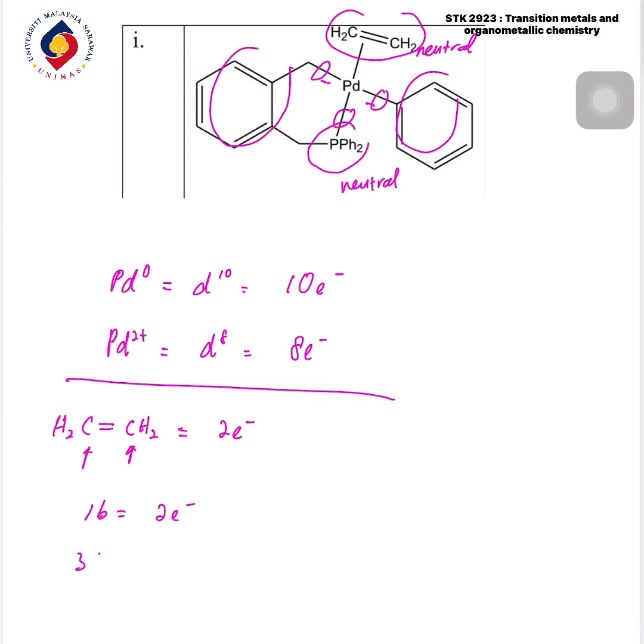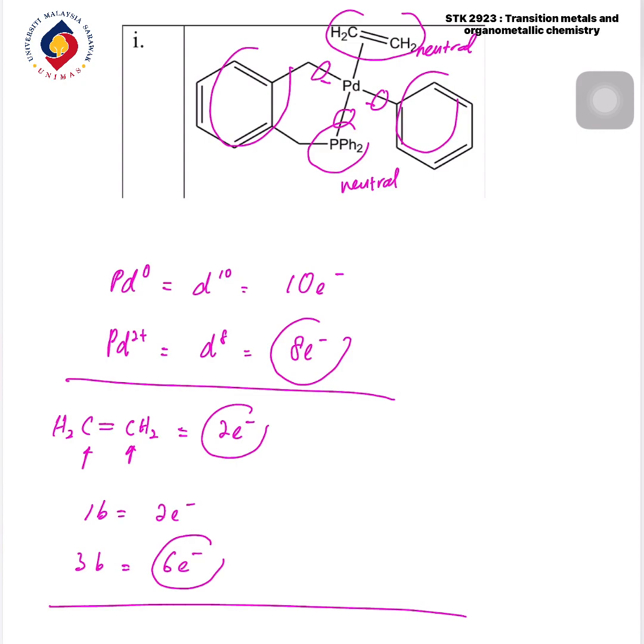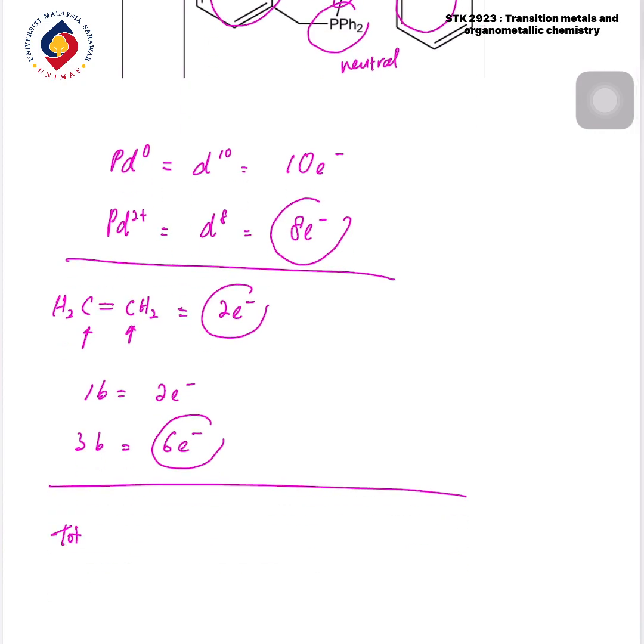So 3 bonds equal 6 electrons. And we get this. So the total electron count is 8 plus 2 plus 6 electrons, equal to 16 electrons.